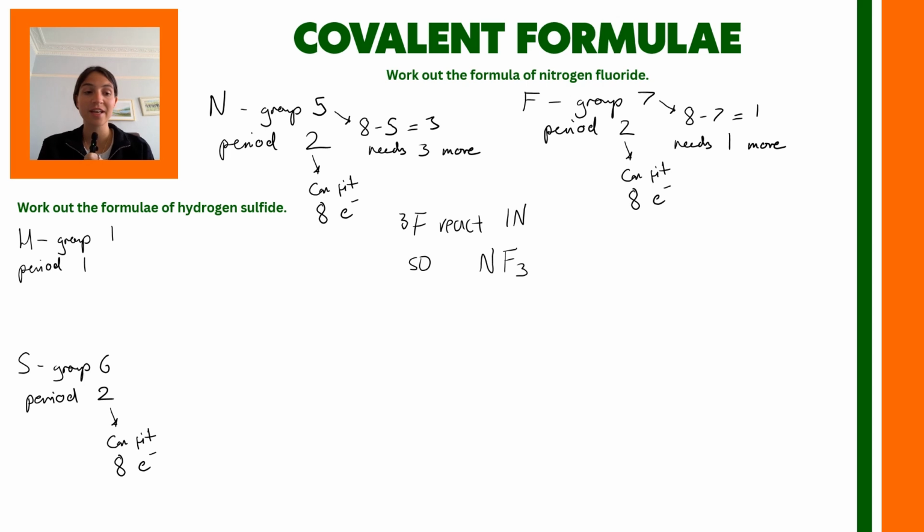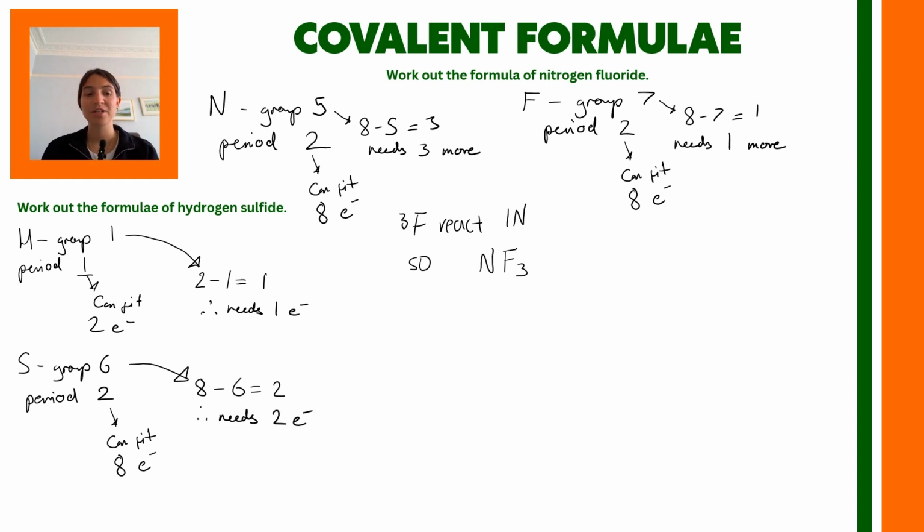Whereas your hydrogen's in period 1, which means it only has 1 shell, so it can only fit 2 electrons in its outer shell. Since hydrogen has 1 electron in its outer shell but can fit 2, it needs another 1 electron, and since sulfur has 6 electrons in its outer shell but can fit 8, it needs another 2 electrons.